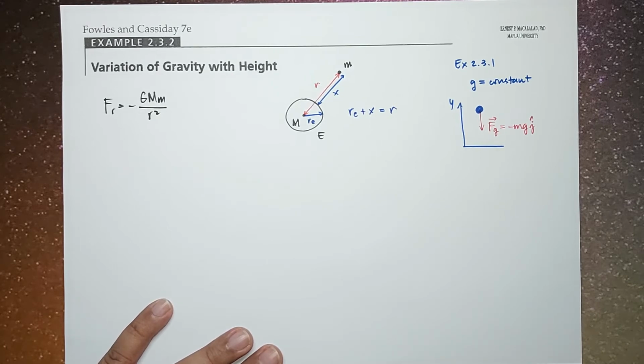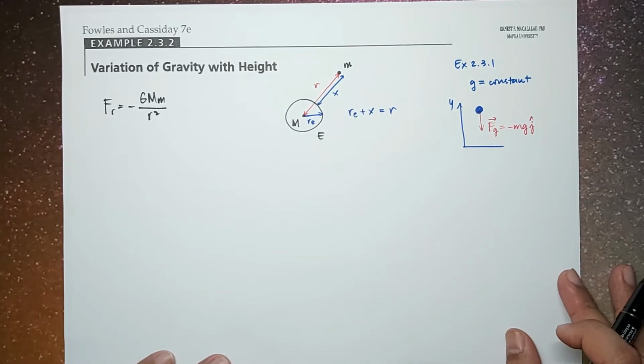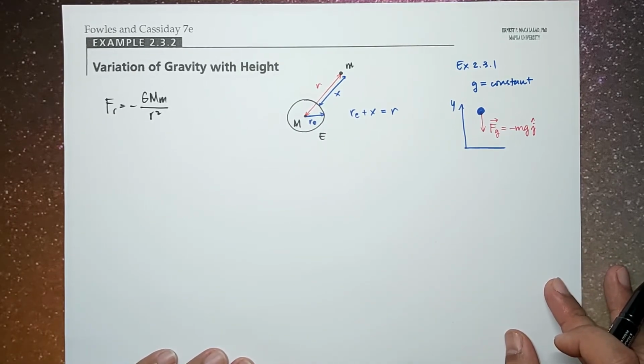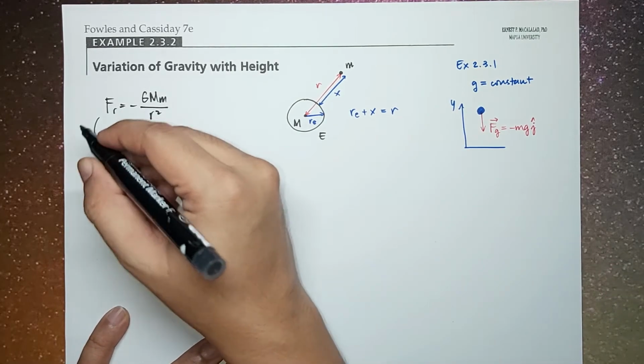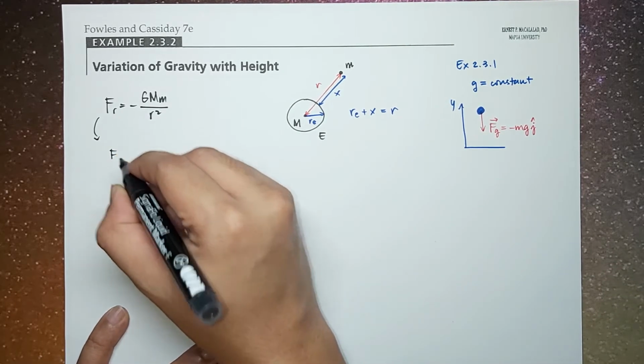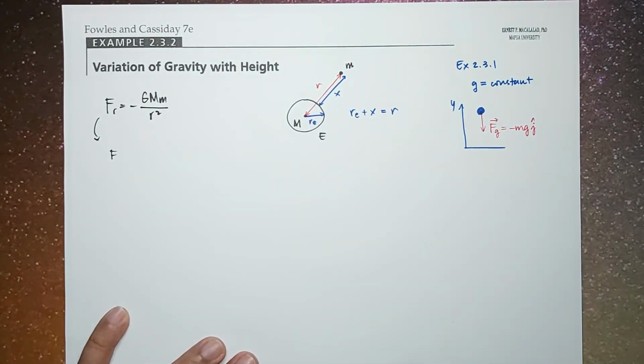Simple, right? Now if we neglect all other forces like air resistance and other factors that might affect your motion, the equation of motion will become F as a function of the height, because R_E will be a constant.